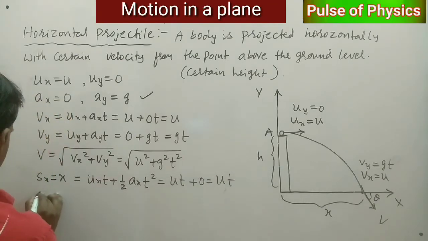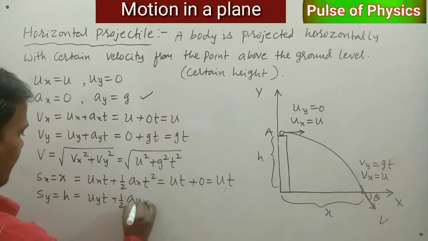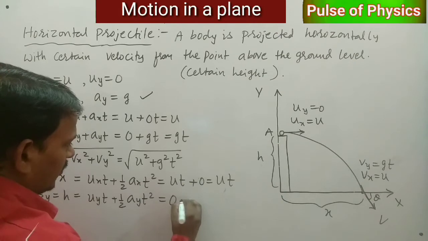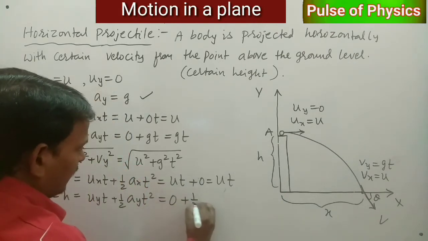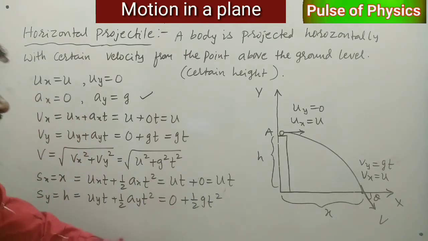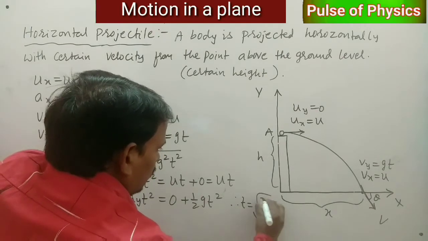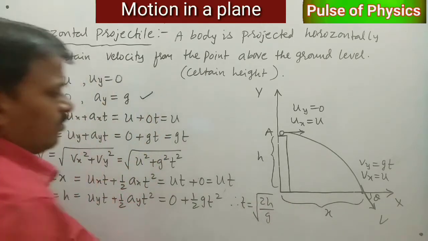Next sy, it is h, vertical displacement, uyt plus half ayt square, it is 0 plus half gt square. So h is equal to half gt square. From this we can write t is equal to root 2h by g. Now this is called time of flight.